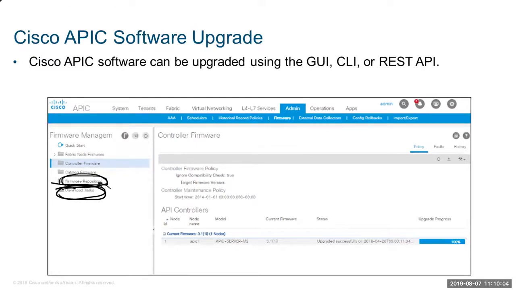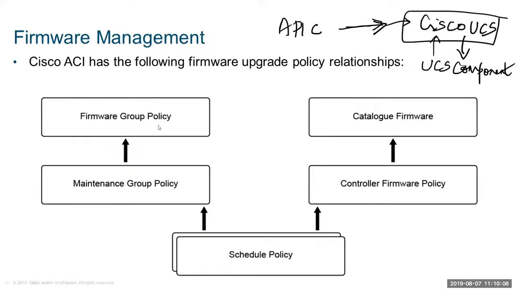Then, what are these terms? The firmware groups, the group policy, the maintenance group. A firmware group is a group of switches where you're going to apply the same firmware group policy.